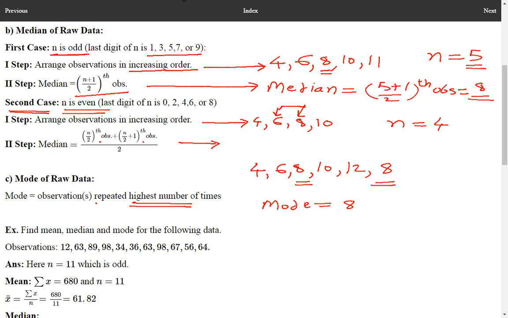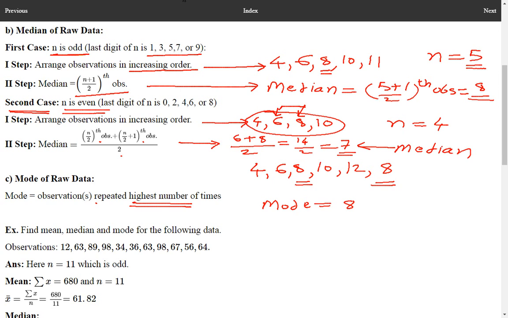We have to take their average, that is add them and divide by 2. So 6 plus 8 upon 2, that equals to 14 upon 2, that equals to 7. So median of this set of observations is 7.